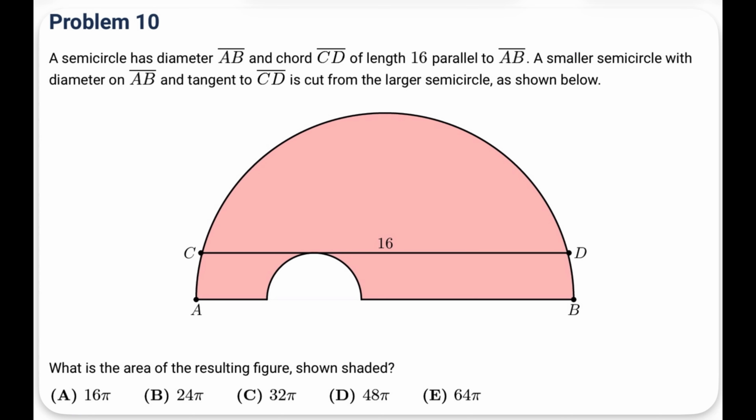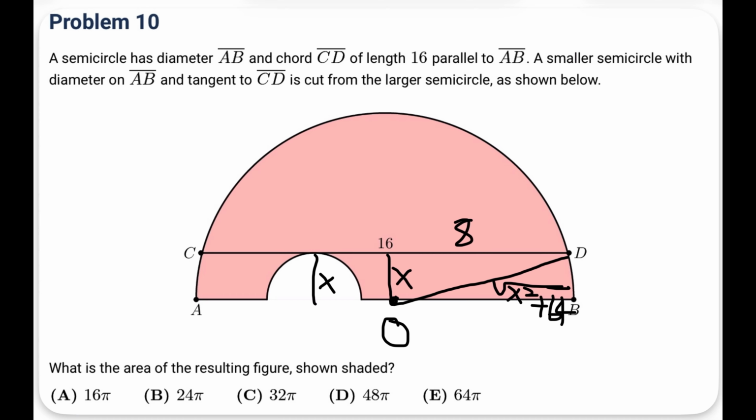So here, let us mark the center, which is O, and then let this length be x. Now, because this is the center, this side will be 8. And so the radius is the square root of x squared plus 64. Now here, this is also x.